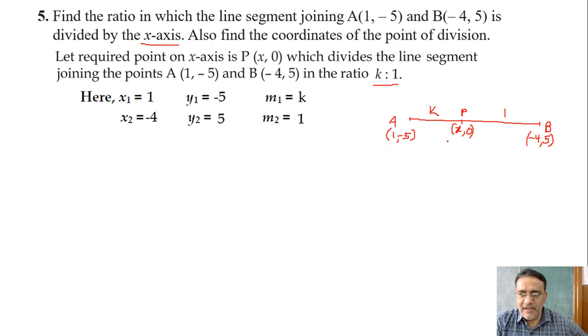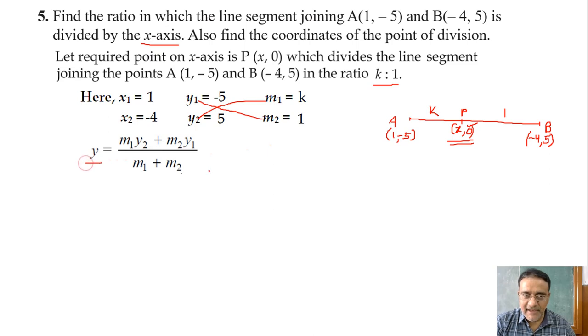Now which value is known to you? The y coordinate is 0. So we'll write the formula for y: m1 y2 plus m2 y1 upon m1 plus m2.